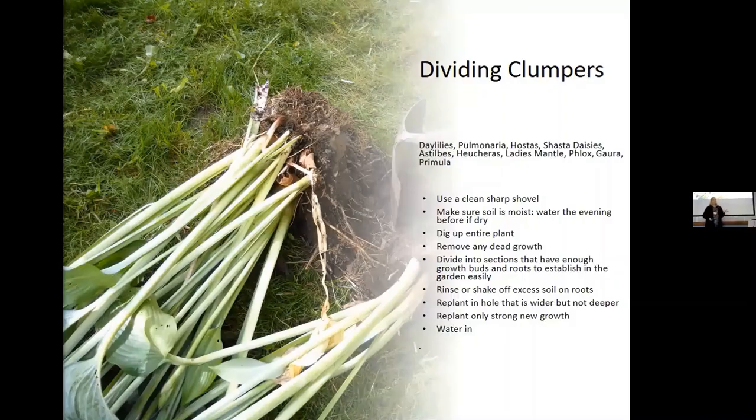So your soil is moist, and you're going to dig out the entire plant that you want to divide. A good rule of thumb is to go from the edge of the outside stem about 5 inches or so and use that as your circumference and gently dig out the plant.